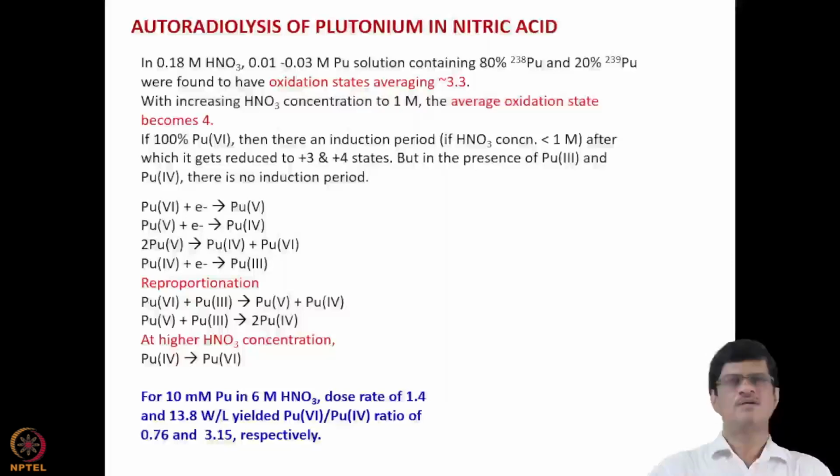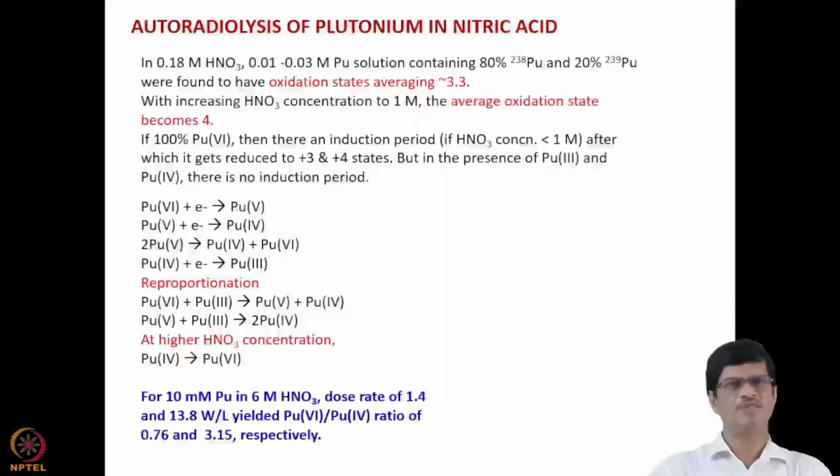That is to say, if the plutonium-6 also contains some amount of plutonium-3 and plutonium-4 to start with, then there is no induction period and we have immediately these redox reactions taking place. What are the redox reactions? This plutonium-6 takes up 1 electron and gets reduced to plutonium-5.